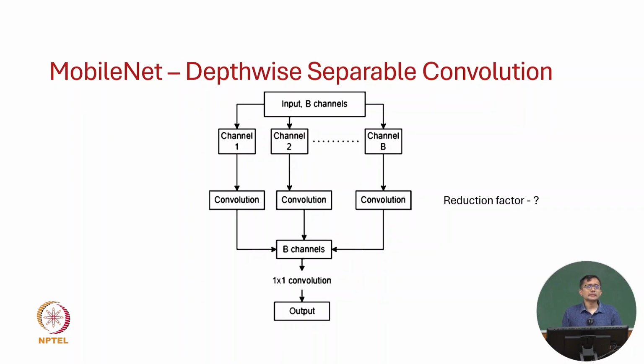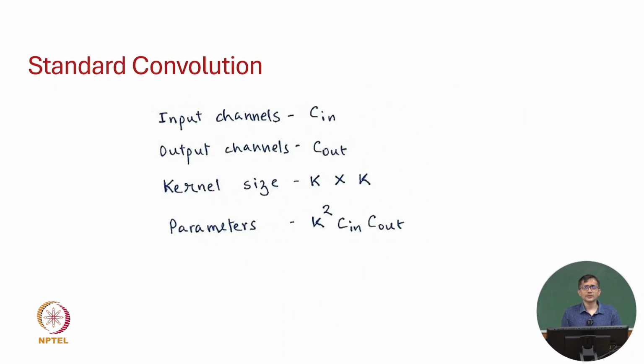To do this, we first need to think about the standard convolution. In standard convolution, let's say we have C in input channels, C out output channels, and we are using a kernel size of k cross k. In that case, the number of parameters would be k square C in C out, right?